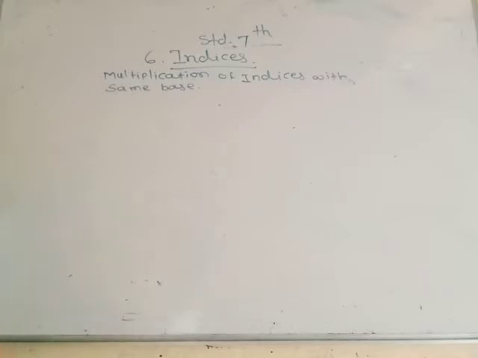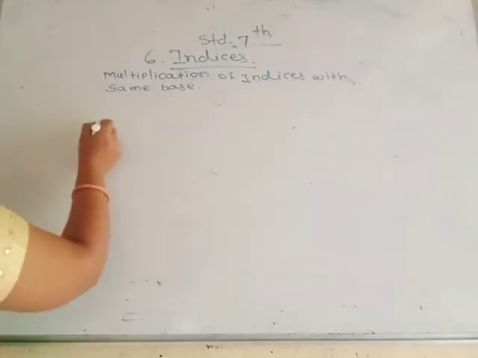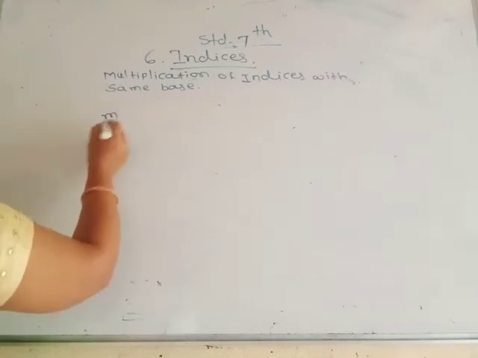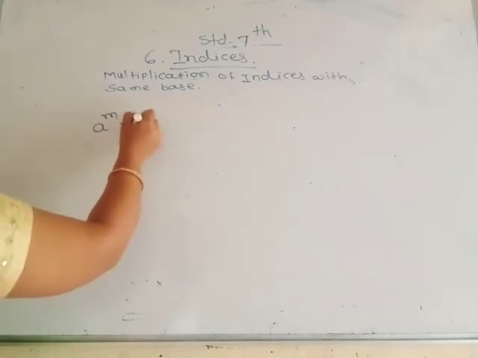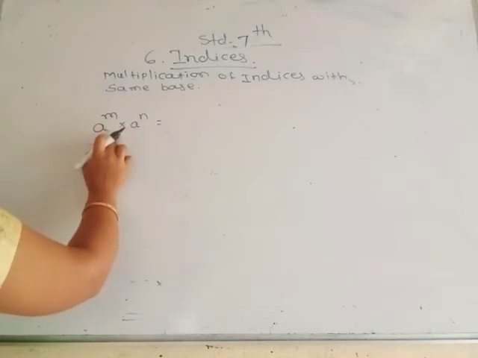When two numbers have the same base, a raised to m into a raised to n is equal to this multiplication.